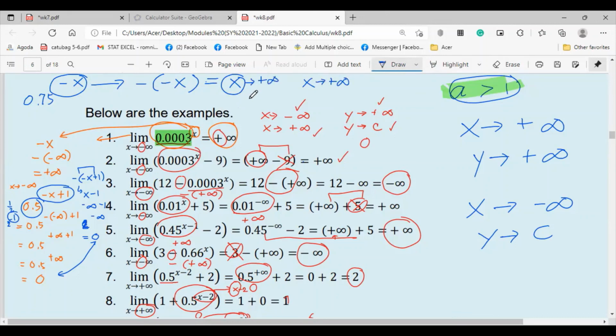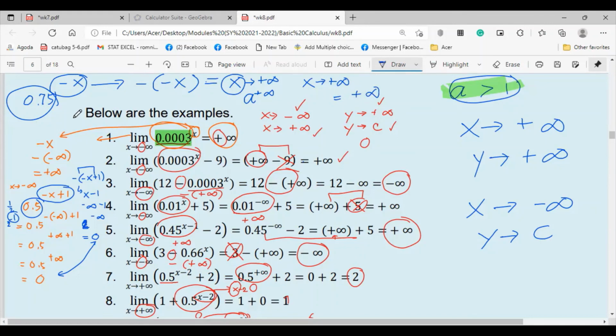So, halimbawa, ang base mo na ngayon ay greater than 1 kasi nga reciprocal na ito. Ang reciprocal ng lahat ng numbers na less than 1 ay mas malaki sa 1. 1/2, naging 2. Okay, ganun yung ibig sabihin. So, when a raised to positive infinity, ang sagot mo ay positive infinity.